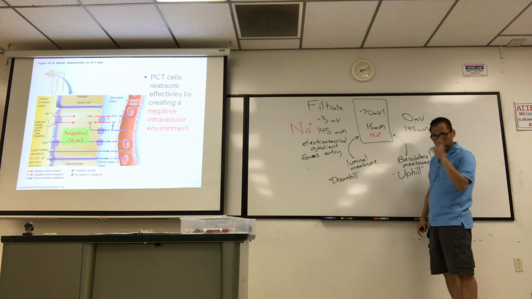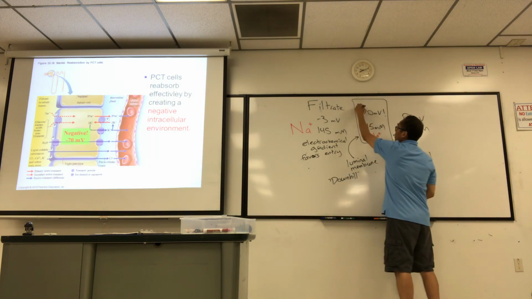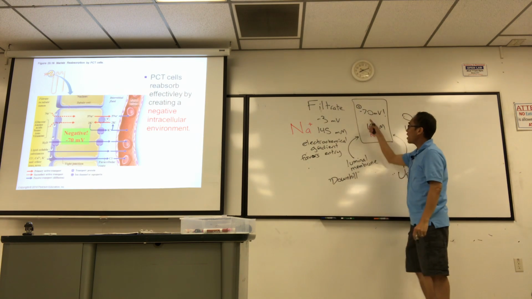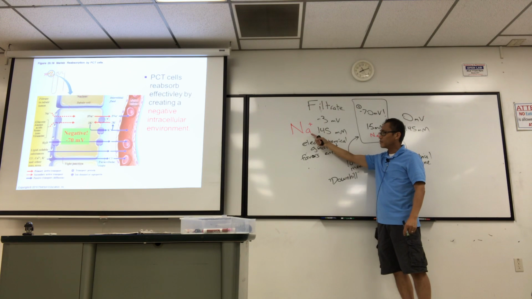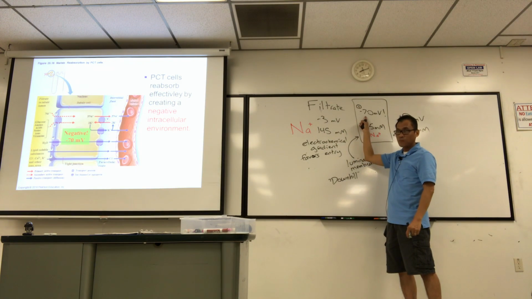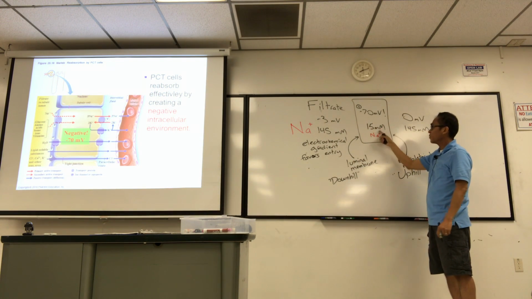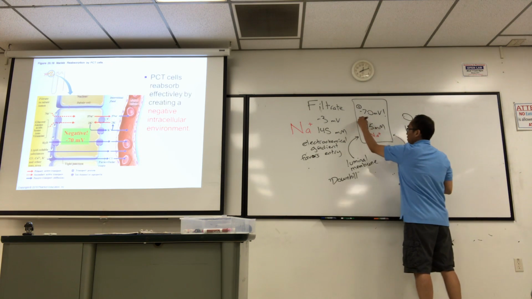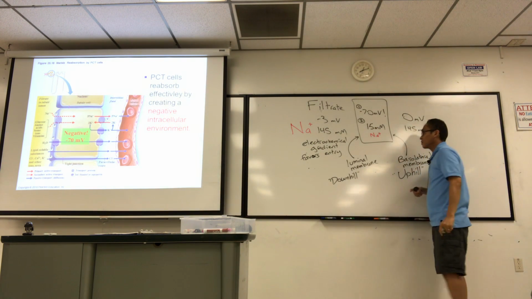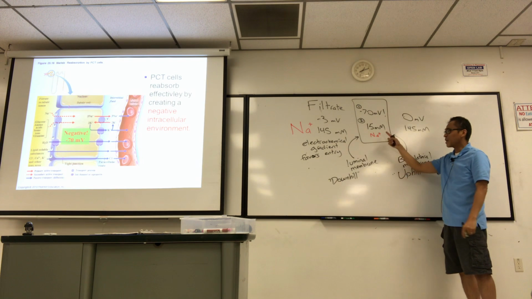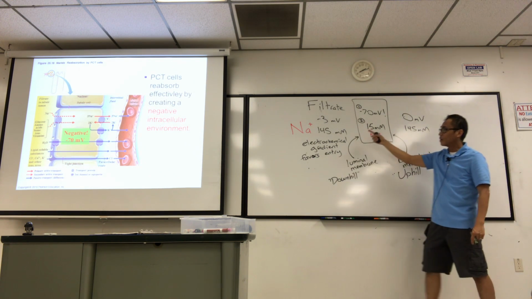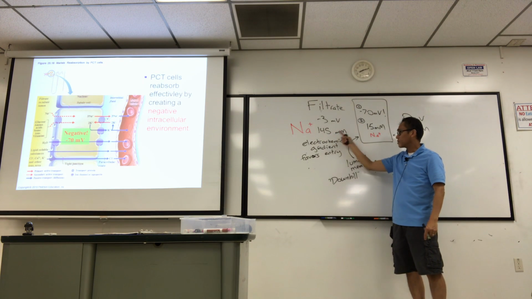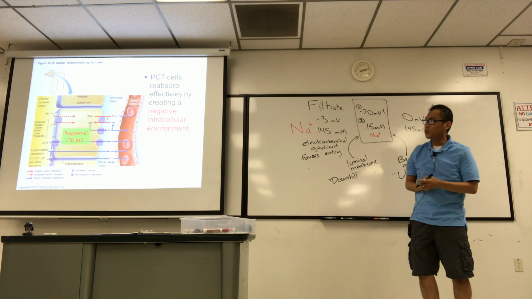One thing: if you create a negative environment, it's like you want to draw positive sodium into you. That helps. Second thing: not only are you negative, as I say on the slide, you keep this number low. You keep sodium low. Sodium from the outside wants to enter the cell. So both of those things are going to favor reabsorption.